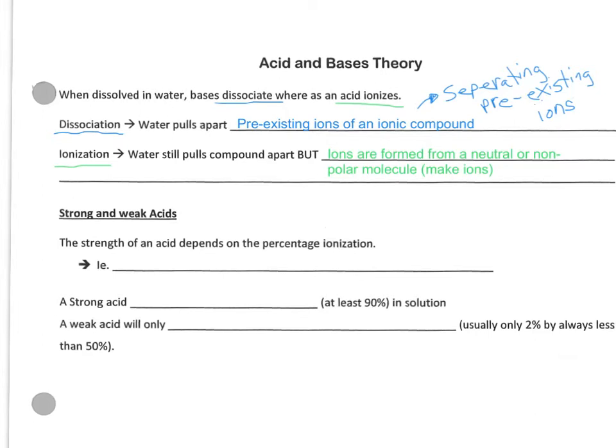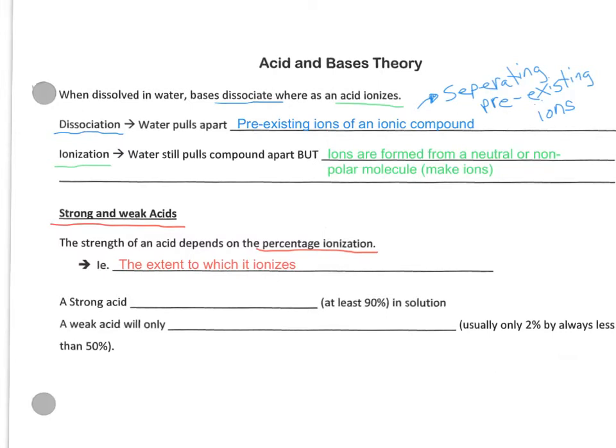The next thing we're going to look at is a comparison of our strong and weak acids. What we know is that the strength of an acid depends on something called percent ionization, which is basically the extent to which the acid is going to ionize, how much of the acid is going to be pulled apart and form ions in that aqueous solution.